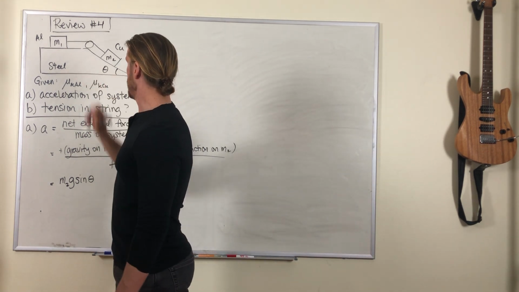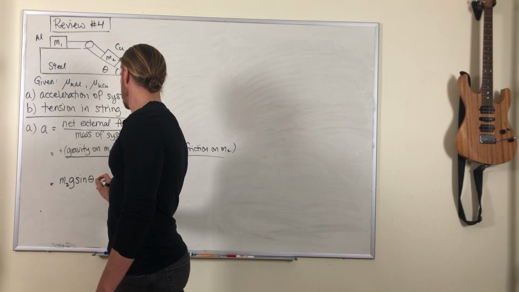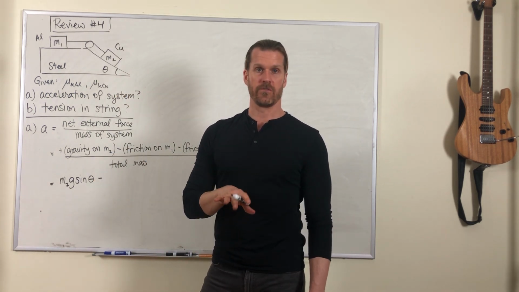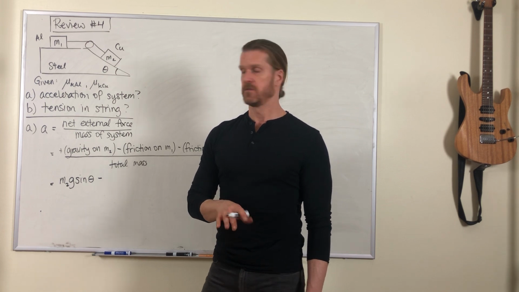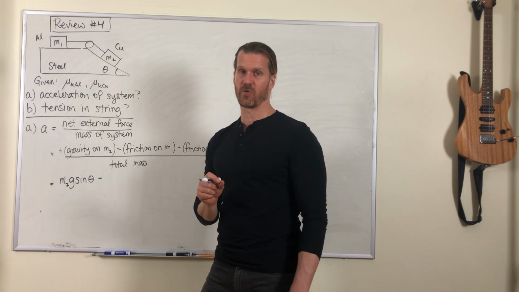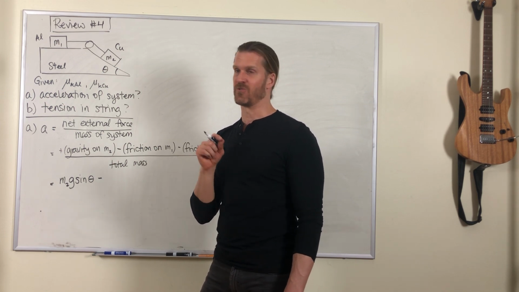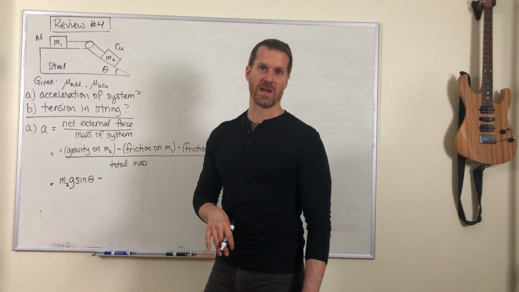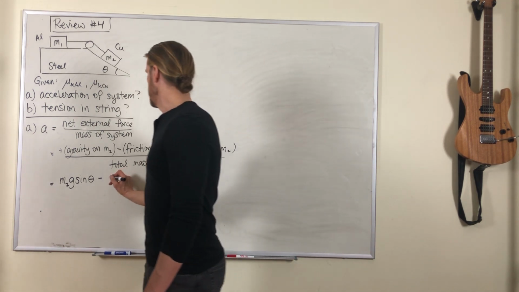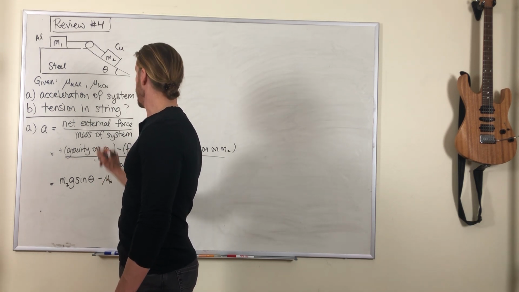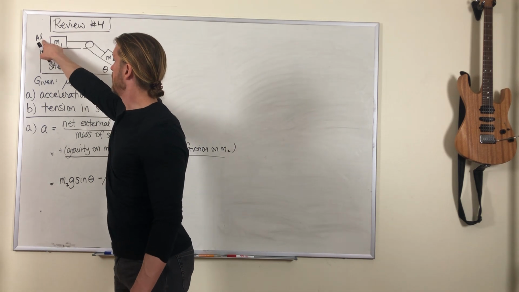Friction force on M1. M1 is on a horizontal flat surface. Friction force is coefficient of friction times normal force. We know that the normal force in this case on a flat surface is just the weight of M1. So we've got the coefficient of friction, mu K for aluminum.